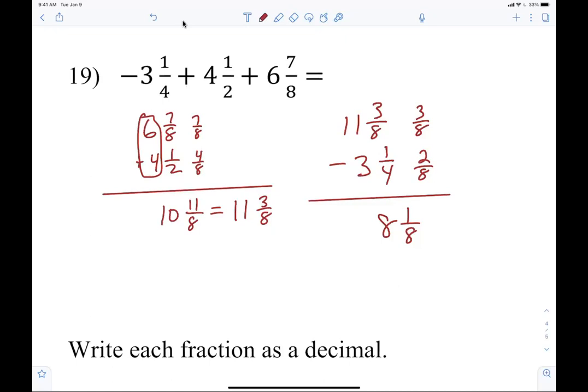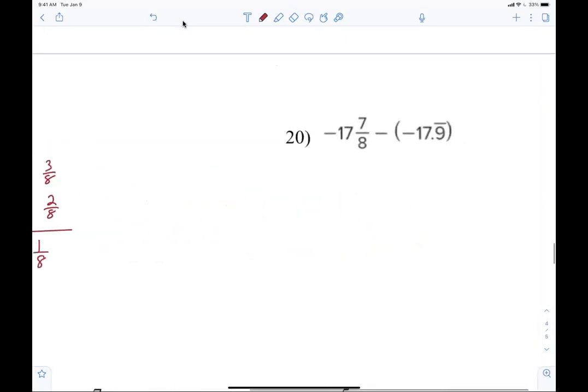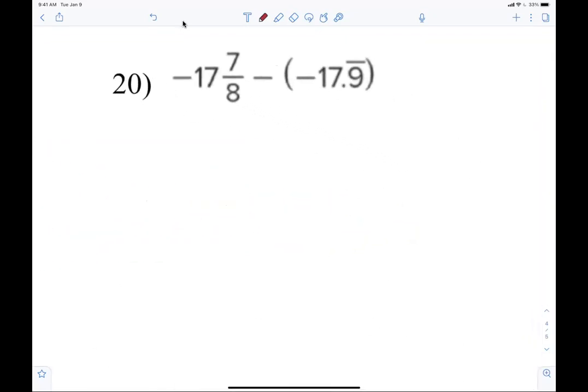Okay, here we go. Aiden, you get to help me with 20 now. This one was a hard one. What do you think 0.9 repeating is? That's a trick question. Tell him, Maggie. Would it be irrational?